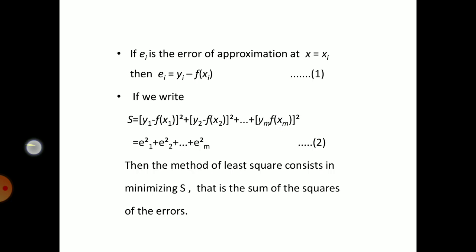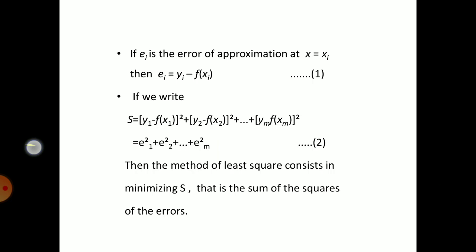But using this value, ei equals yi minus f of xi, y1 minus f of x1 is e1, and therefore the first term becomes e1 square plus this is e2 square plus and so on, this is em square.